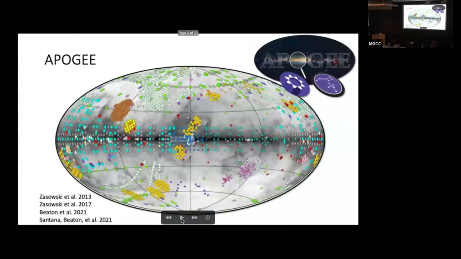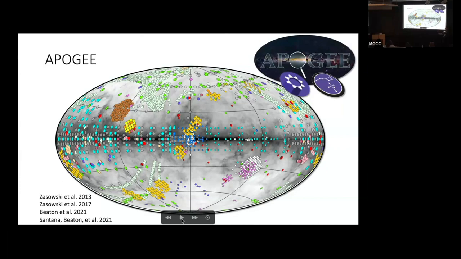But I'm going to talk about the chemical evolution of the Magellanic Clouds, the MCs. And what we're going to do is try to also put that in context of the galaxy and lower mass satellites and other things to understand what might be unique or not unique. And to do that, I'm going to use the APOGEE survey that David introduced. This is a map of everything. All these circles are where we observed with APOGEE.